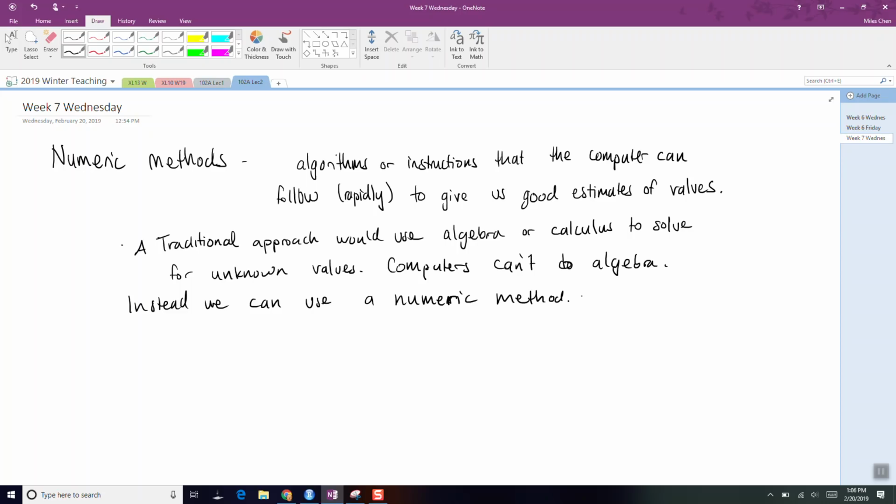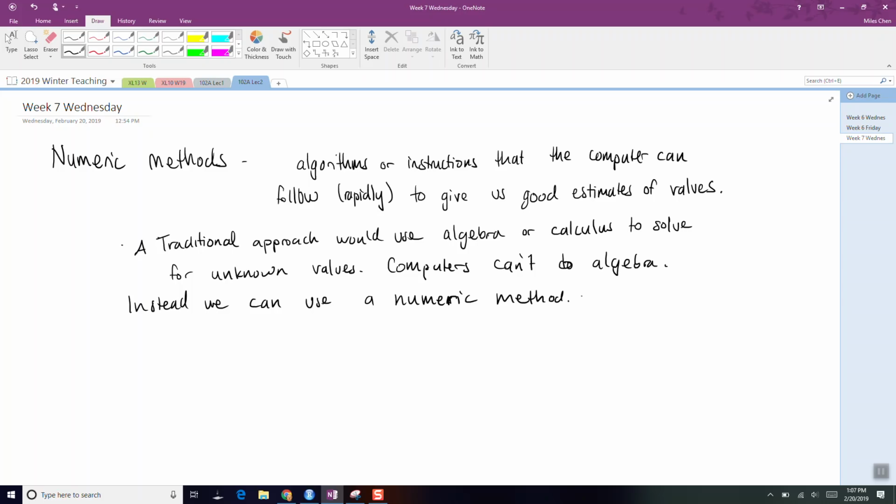We're going to start off with some simple numeric methods today, not even that complex, just to introduce these concepts, because these numeric methods are going to power a lot of more complex applications.